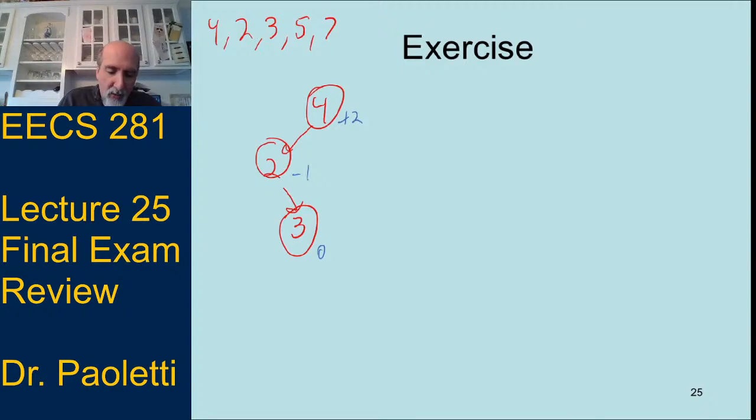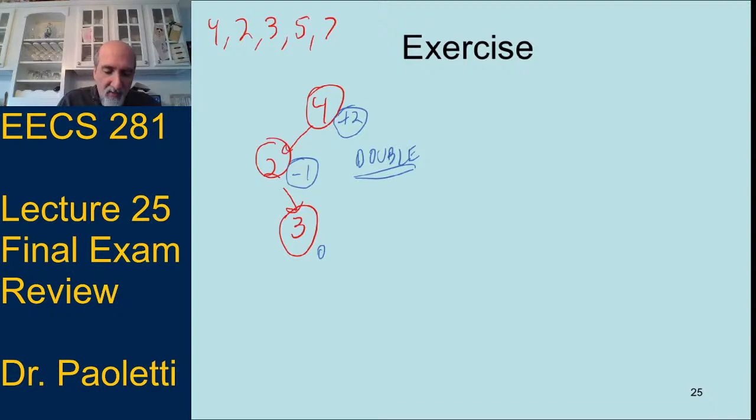So this one is out of balance, and when we see a +2, we look left. And if we see a negative there, we need to do a double rotation. So this tells me I need to do a double rotation. I'm going to write that down so I don't forget.